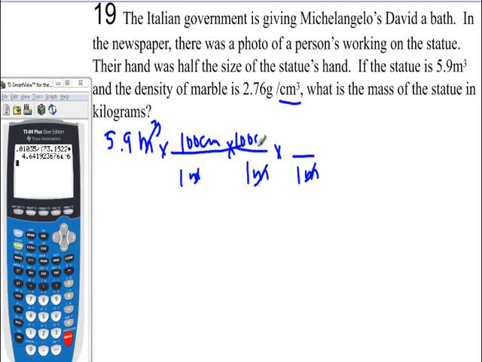Each time I do this, it's 100 centimeters, which means I end up with centimeters up here, which is what I want, right? And I can cancel that with the centimeters cubed. 1 centimeter cubed is 2.76 grams, so I end up with grams.